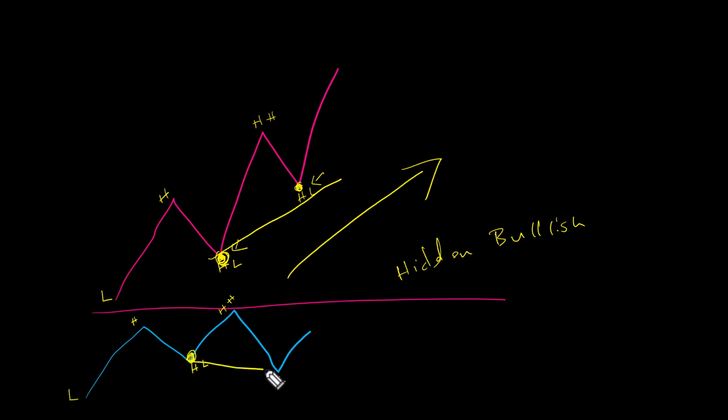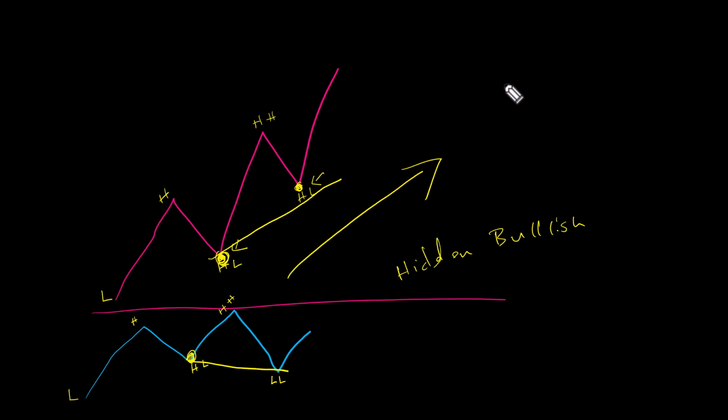And then this is supposed to be a downward sloping line. For a hidden divergence to occur on the chart, you need price to be forming higher highs and higher lows, but then the oscillator at some point will form a higher low and then a lower low, because price will be sloping upwards, but then the oscillator will be sloping downwards.